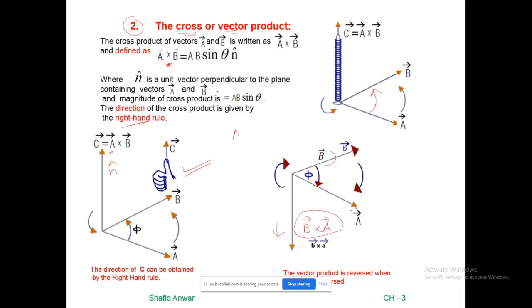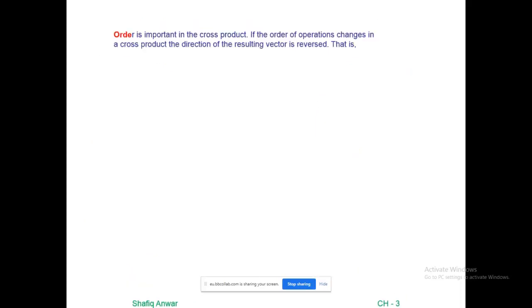So B cross A is not equal to A cross B, but it is equal to minus A cross B. It means the magnitude of both is the same but only the direction is different. A cross B is up and B cross A is down. Now, order is really very important.